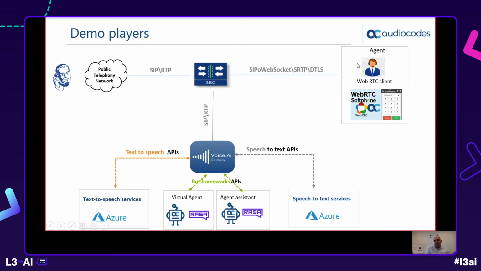Then you can see here another player, which is the agent. The agent will use AudioCodes WebRTC client. He will register and will be able to receive calls. And then you see here two different bots. The first one is a virtual agent that will answer the call. Then you will see the agent assist. And we also used Azure text-to-speech and speech-to-text in order to interact with a bot.